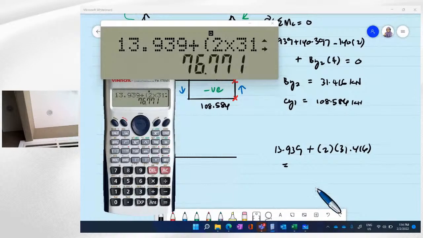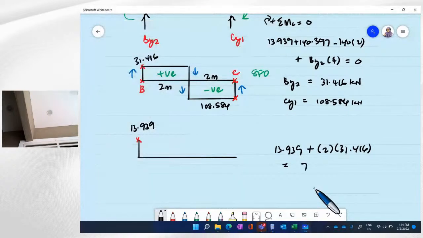It is 76.771. So this is the point. It is positive. So this is in kilonewton meter. This is 76.771.